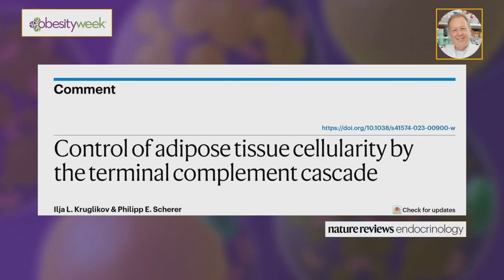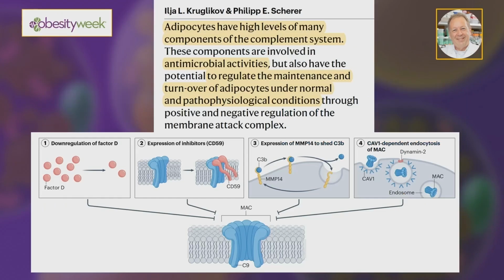And very recently, this is a paper that just came out in Nature Reviews Endocrinology about a week or two ago. We are proposing an added-on theory where we invoke the complement fixation cascade as part of the pathophysiology. And that's not restricted to just lipedema.